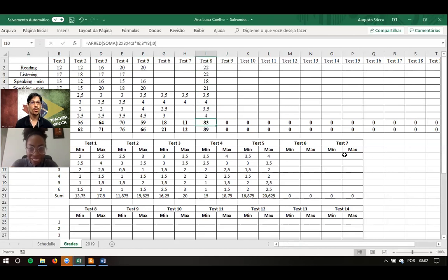You know, where do you have to improve? In speaking, you have to improve very little, if you have to improve. Because this is around the grade you are already taking. You know, 18, 21, you're already around this grade.